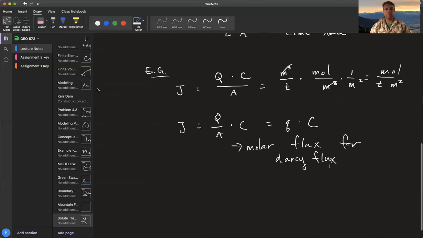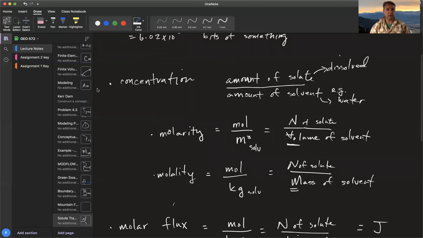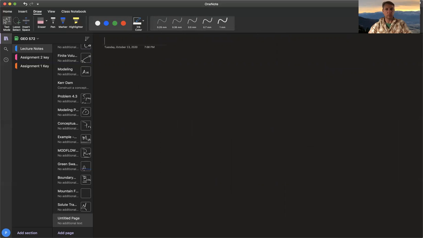And the first of those methods that we're going to talk about here today is diffusion. Okay, so this is an introduction to diffusion.